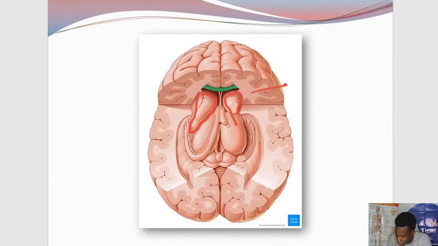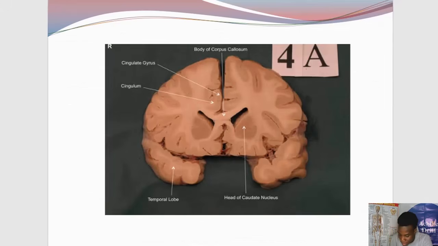It's actually made up of a head that continues backward as a tail. So it is residing somewhere around here, just immediately lateral to the two lateral ventricles. So that gray matter, you could be asked to identify it, and trust me, it's very easy to identify. It is just right there as a gray matter, residing lateral to the lateral ventricle.